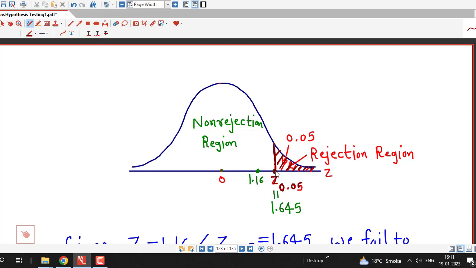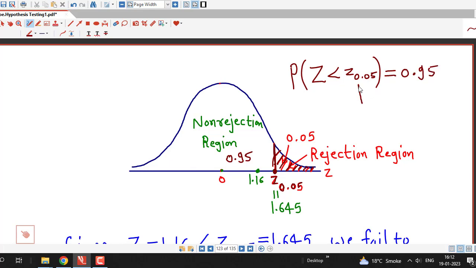Now we are interested in this value of Z such that the area to the right side is 0.05, and the total area is always 1. So the area to the left of this point is 1 minus 0.05, that is 0.95. So the probability that Z lies to the left side of Z suffix 0.05 is 0.95.